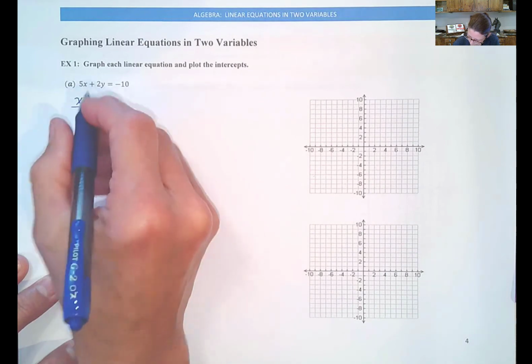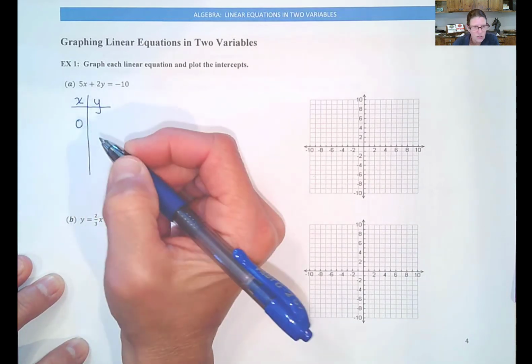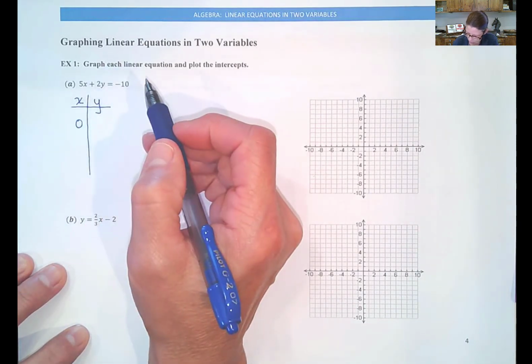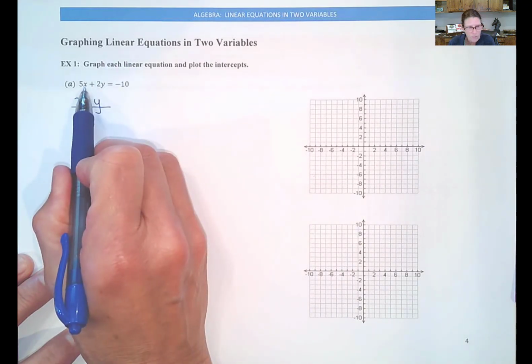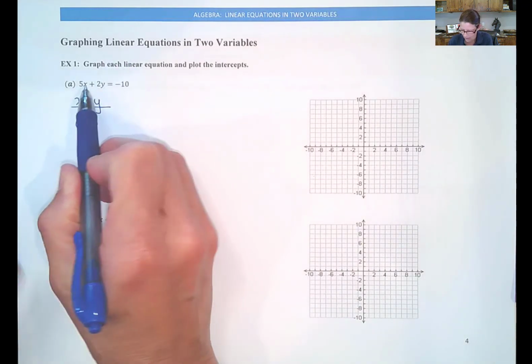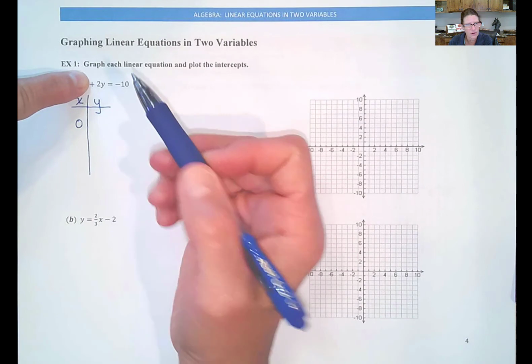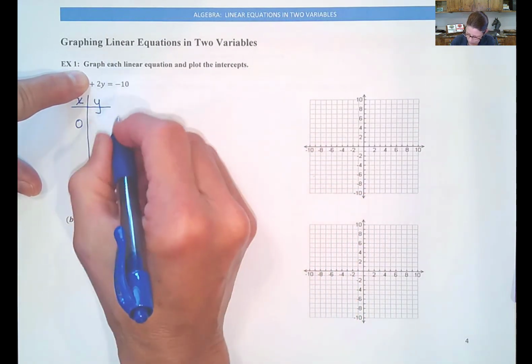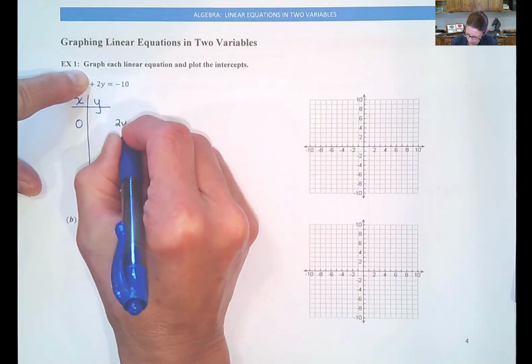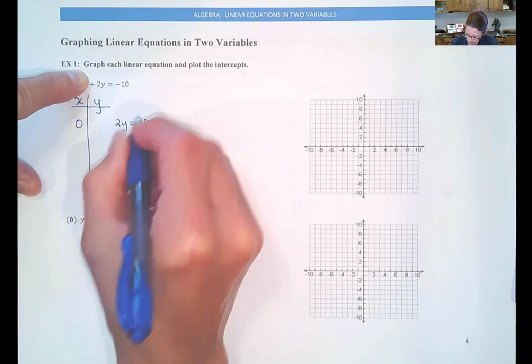Well, we find the y-intercept by substituting x equals 0 into the equation. So if we replace x with 0, 5 times 0 is 0, and the resulting equation is 2y equals negative 10.